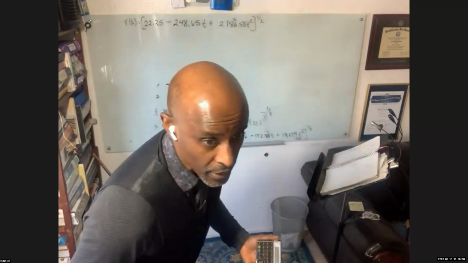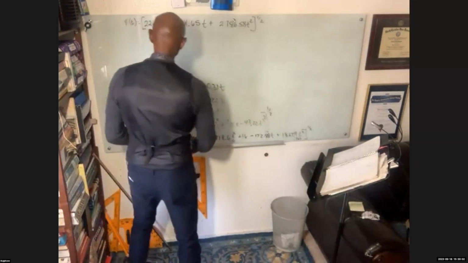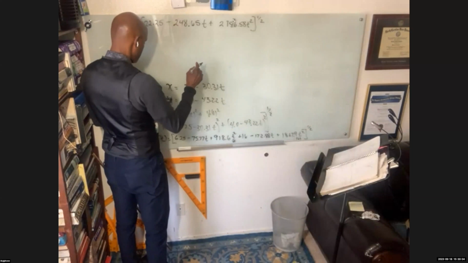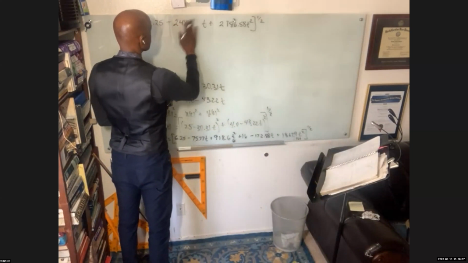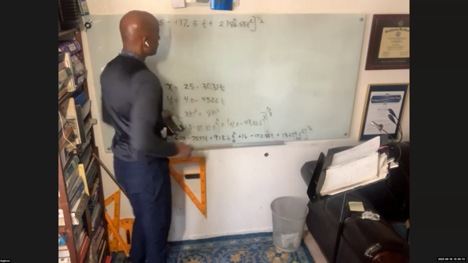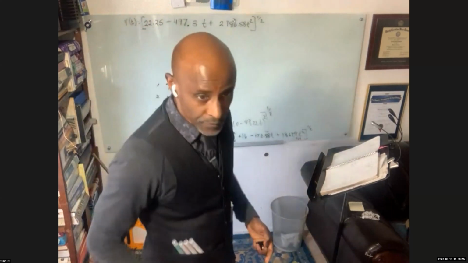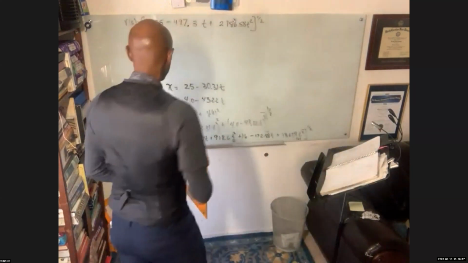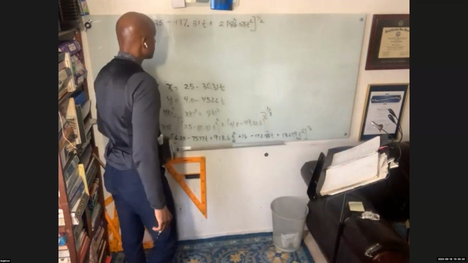Yeah, that's where you're getting the 497. You're right, I left off the 2 on the FOIL. My bad. So okay, 497.3.